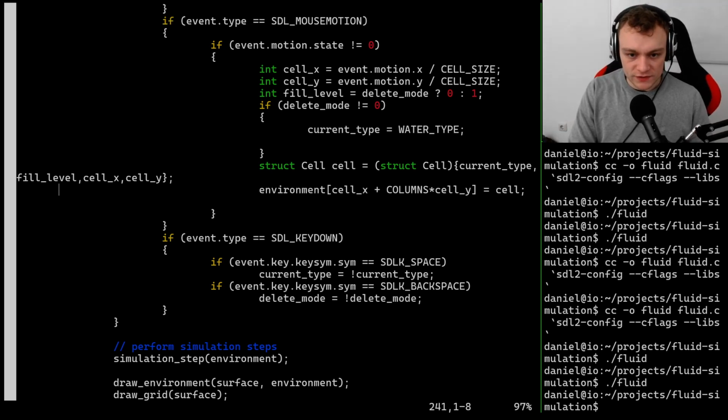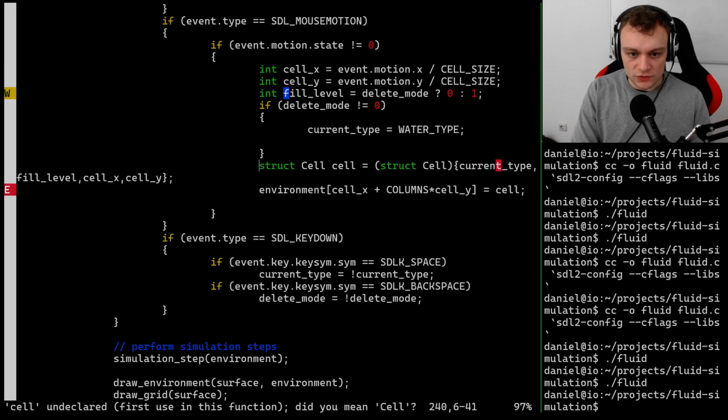If we click into a cell, we create a new cell with a fill level right here. If we delete a cell, it's going to be 0. If we fill a cell, this fill level is going to be 1. So here we fill a water cell.